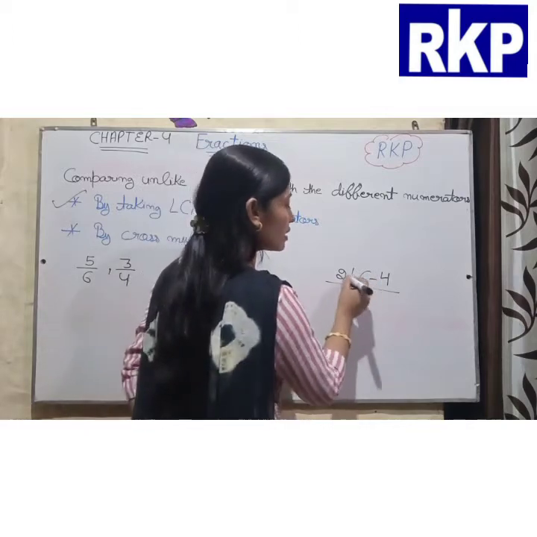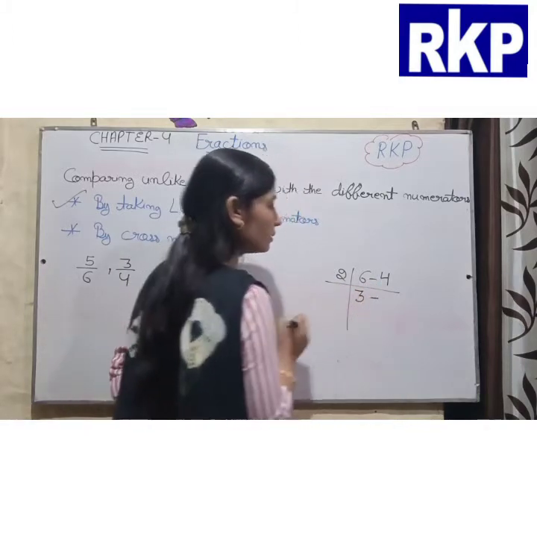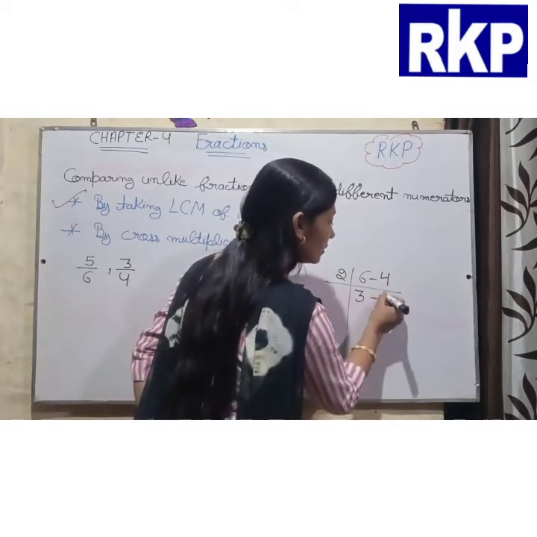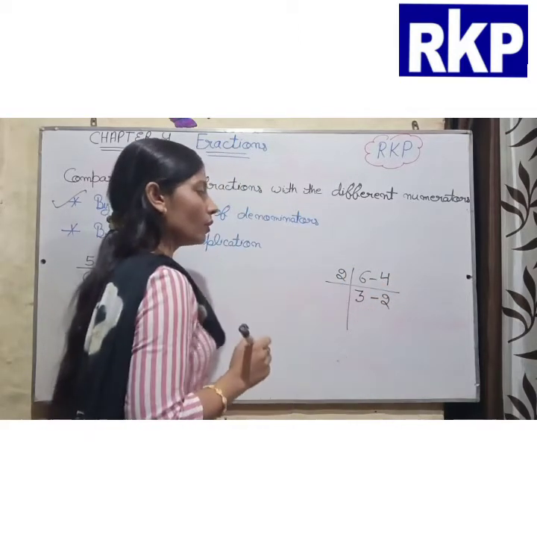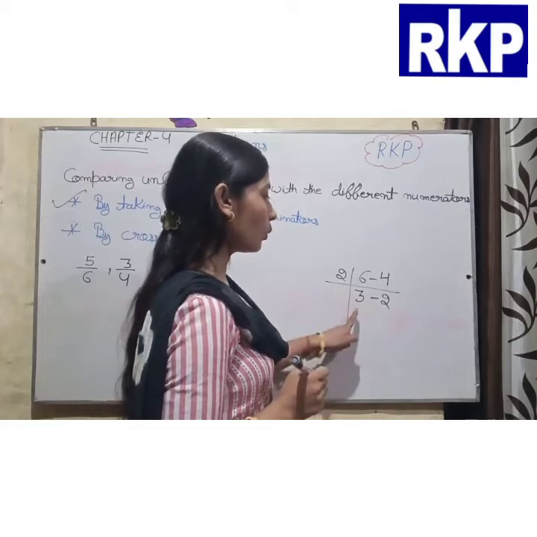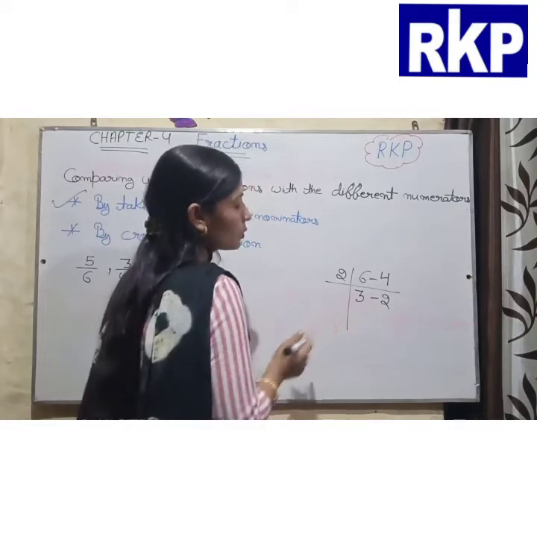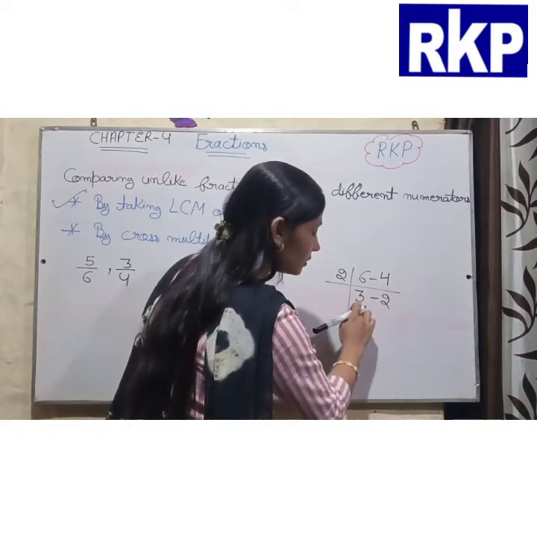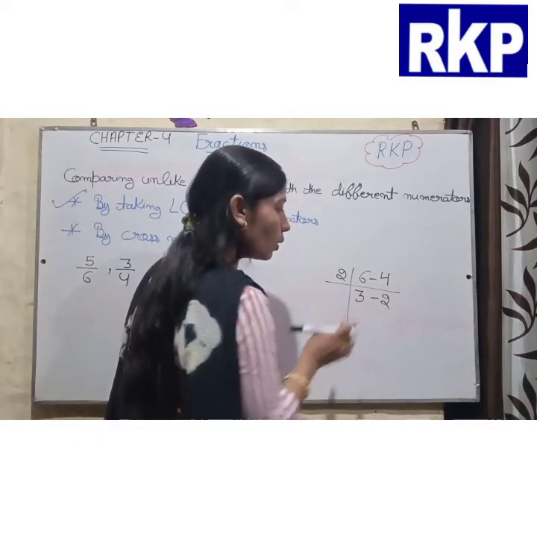If we divide 6 by 2, we will get 3, and if we divide 4 by 2, we will get 2. Now 3 and 2 are both prime numbers, so we cannot divide them by a common number.